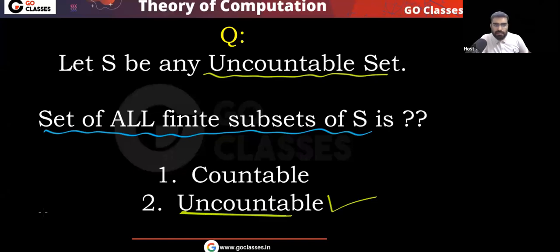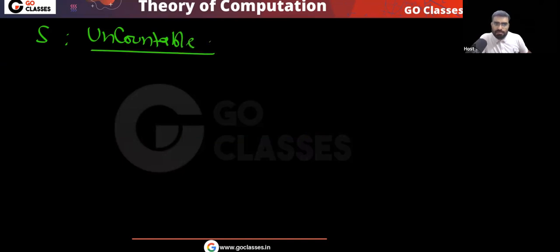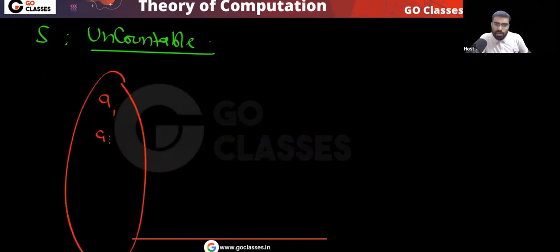See, S is uncountable. You are saying that S is uncountable. And can you notice that if you take even the finite subsets, for example, this is your S: A1, A2, A3, and so on. This itself is uncountable.